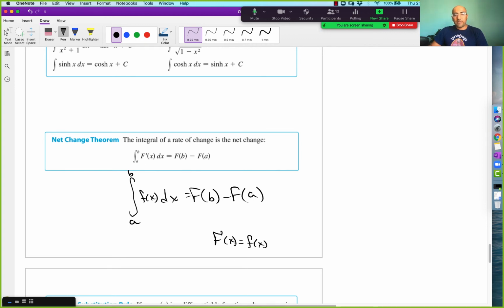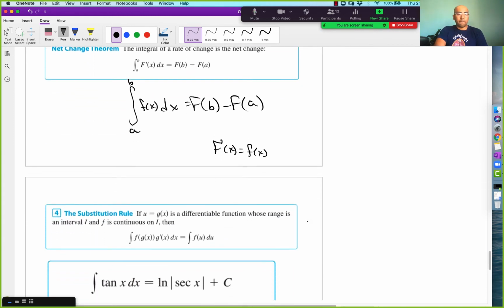Well, it just makes it a little easier to rewrite it with a capital F prime of x here instead of f of x. That's all this is. It's just notation. Nothing new to see here.